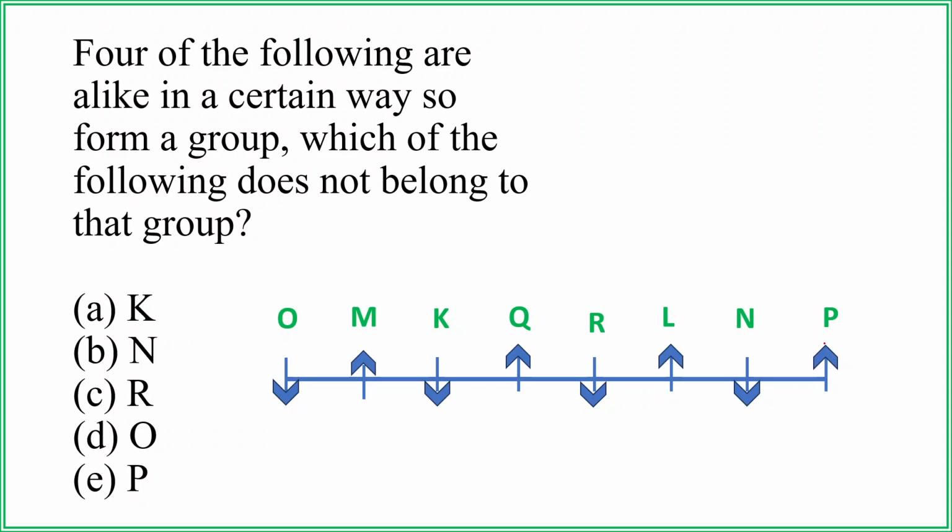Means only P is the odd one out because it is facing towards the north direction, as you can see here. So here the odd one out is P. So our answer is option number E. Let's check. We got the correct answer again.